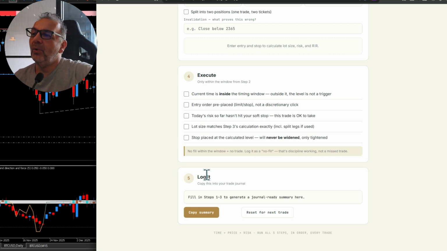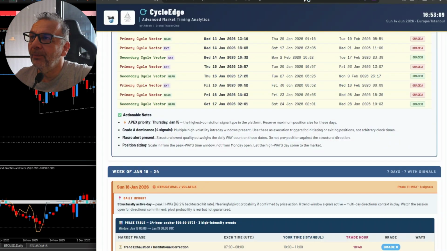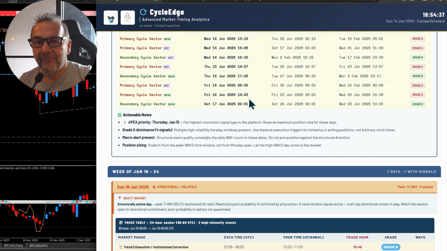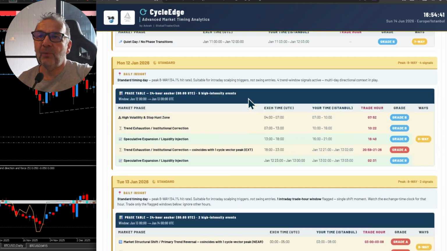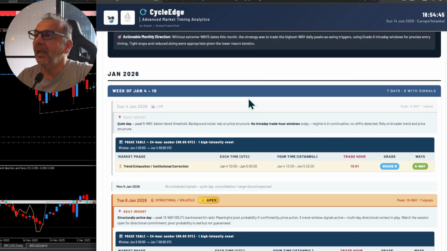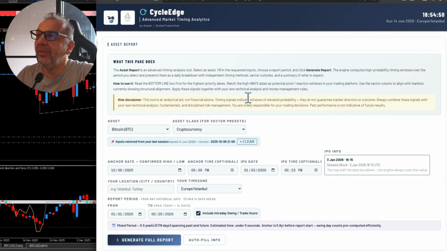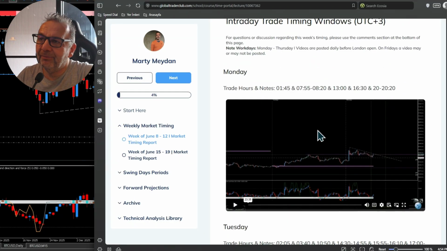So make sure you use your checklist, the protocol. Make sure you use the cycles edge. I'm going to put those assets into the members area, and once I put them in, you'll be able to see them week by week. I'm just going to take a screenshot and put the week in, and combine it with any hours I give.